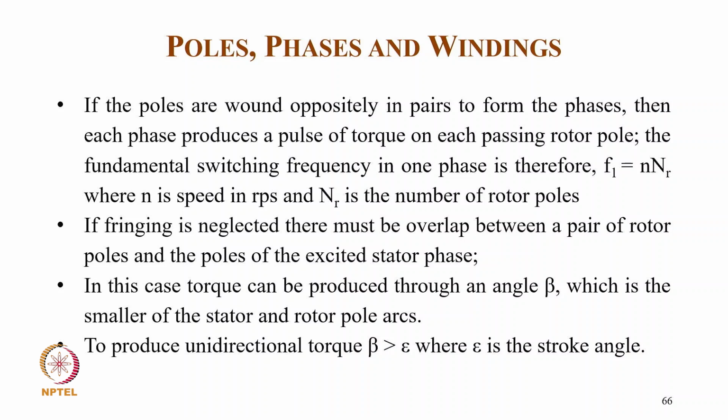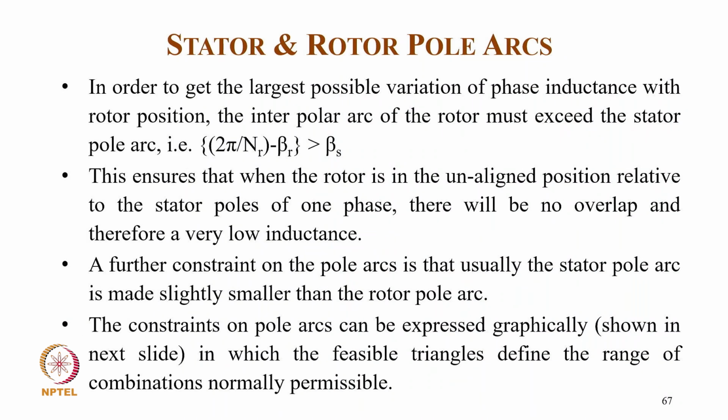If fringing is neglected, there must be an overlap between a pair of rotor poles and the poles of the excited stator phase, and in this case torque can be produced through an angle beta, which is the smaller of the stator and rotor pole arcs. To produce a uniform torque, beta should be greater than eta, where eta is the stroke angle.